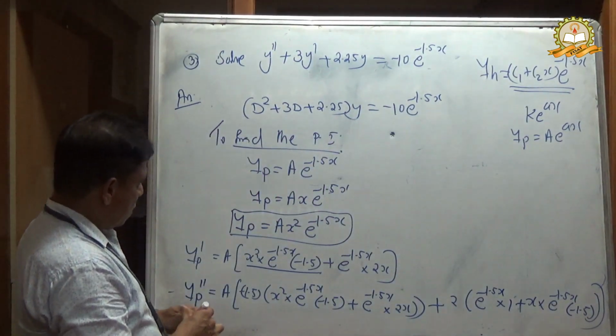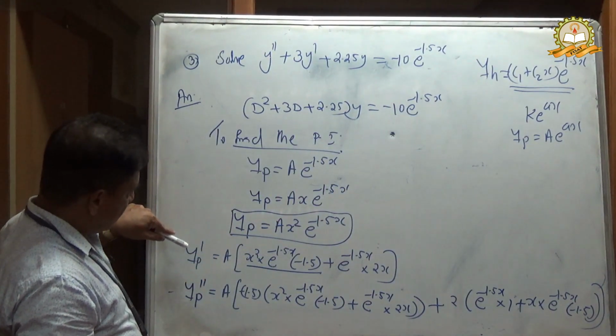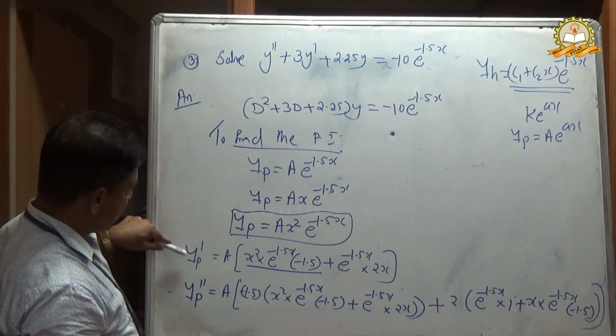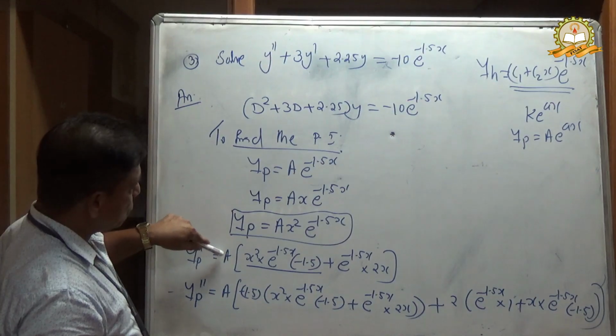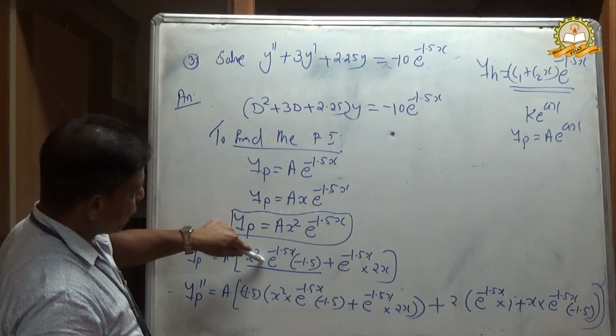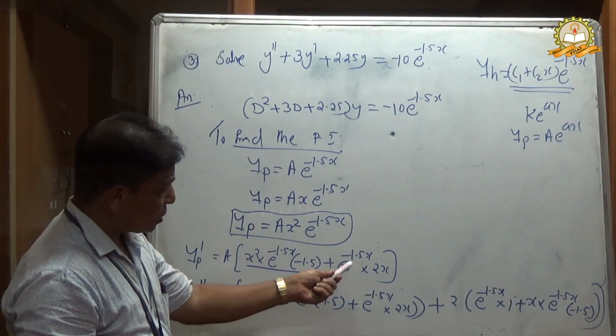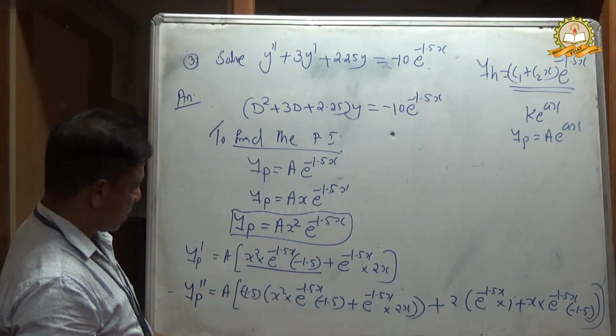Therefore, we find the first derivative and second derivative. The first derivative is a into x square into e raised to minus 1.5x into minus 1.5 plus e raised to minus 1.5x into 2x.